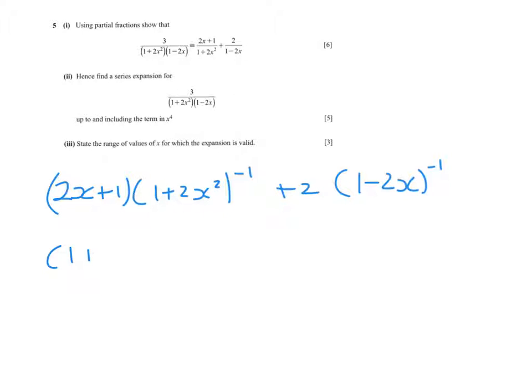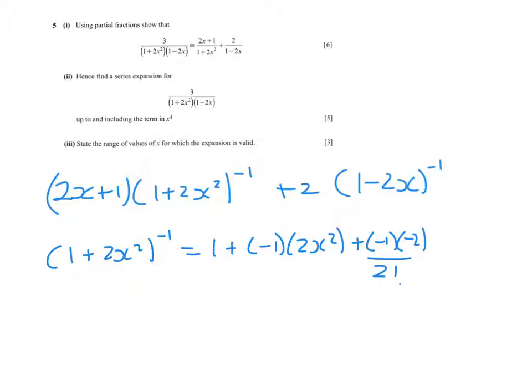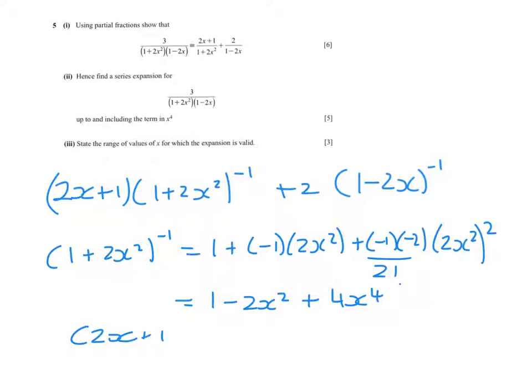If we start with (1 plus 2x) squared to the power minus 1, that is 1 plus nx plus n(n minus 1) over 2 factorial x squared, and I'm going to stop here because that gives me a power 4. So 1 minus 2x squared plus 4x to the power 4, and we need to multiply that by 2x plus 1.